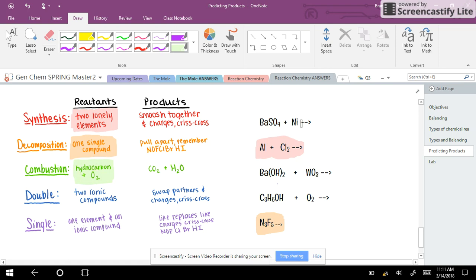If we come over here, I don't see O2, I don't see a hydrocarbon. Right here, again, just 2 ionic compounds. So here I see a carbon and a hydrogen, and we do have an oxygen in there, plus an extra hydrogen, so there's 7 hydrogens. And there's our plus O2. So that is definitely going to be our combustion reaction.